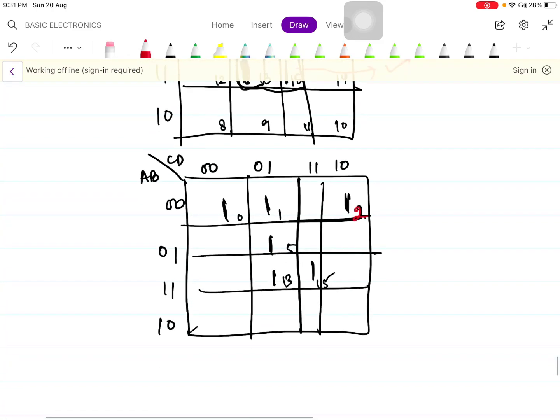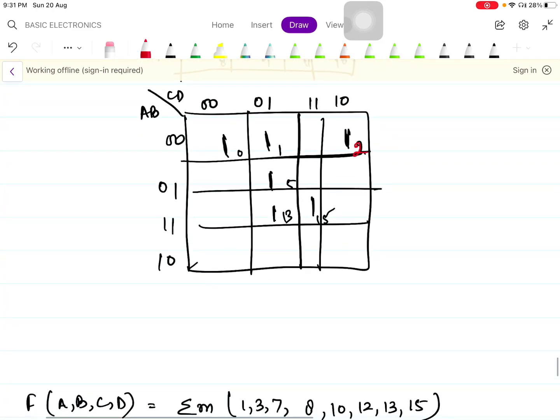And for this, I have drawn the K-map again with all the minterms. Now, whenever you come across any such situation where a group of the same size is possible in various ways, that means a group of 0 and 1 is possible, 1 and 5 is possible, 5 and 13 is possible, 13 and 15 is possible, and a group of 0 and 2 is also possible, then what you have to do?